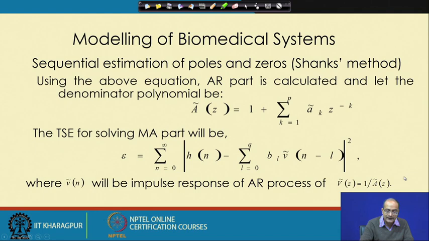Now, v tilde n is nothing but the impulse response of the AR filter, and for the AR filter we already have an estimate.